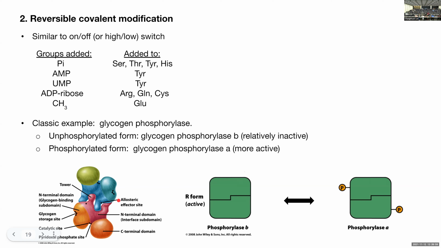What does that mean? And we're talking about reversible covalent modification. Does that mean anything? Exactly. So since it has the allosteric effector site, it can actually work as an allosteric enzyme too.